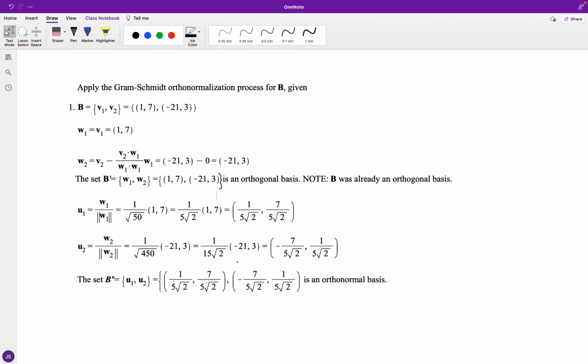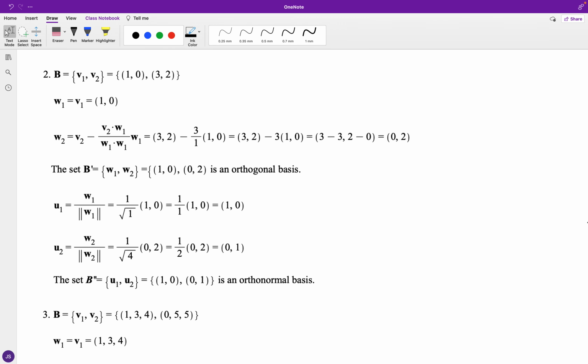And simplifying, we come out to negative 7 over 5 times the square root of 2, along with 1 over 5 times the square root of 2. And for B double prime, clustering together U sub 1 and U sub 2 with these values, that is going to be an orthonormal basis.